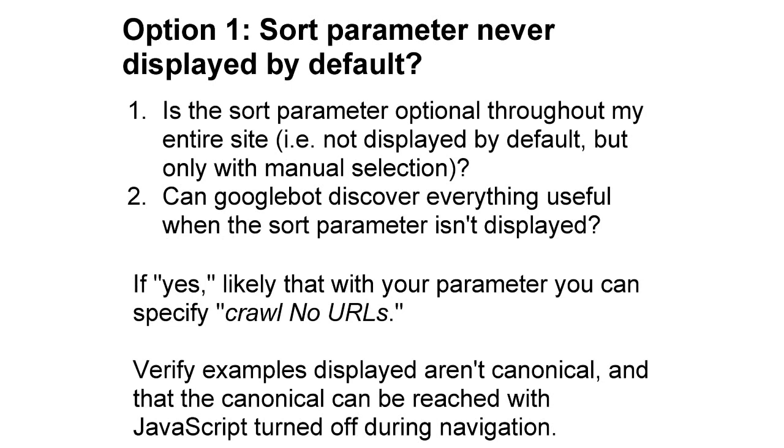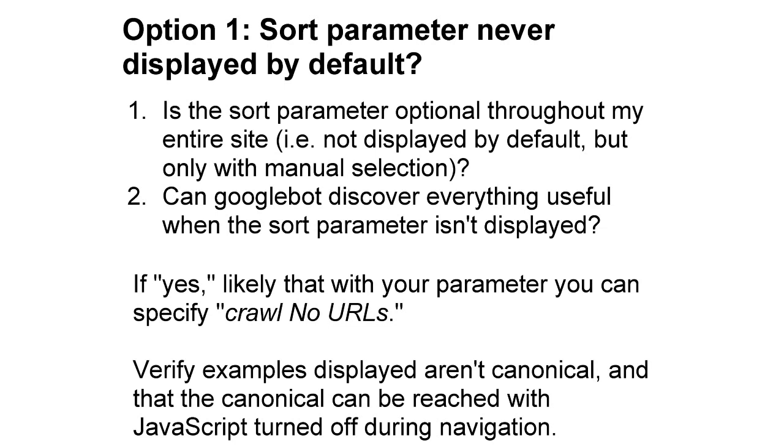Now, this can get pretty tricky, so I have 2 scenarios here. Let's go through the first scenario. You could ask, is the sort parameter optional throughout my entire site? Meaning that the sort parameter is never displayed by default, but only with manual selection. If you can answer yes to that question, that yes, it's optional throughout my entire site, then go on to question 2.